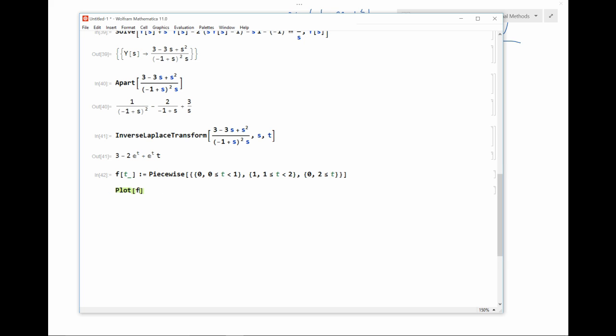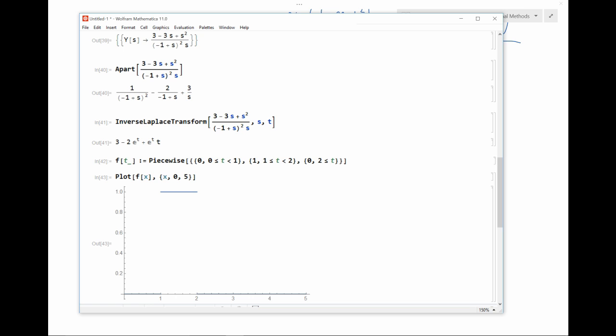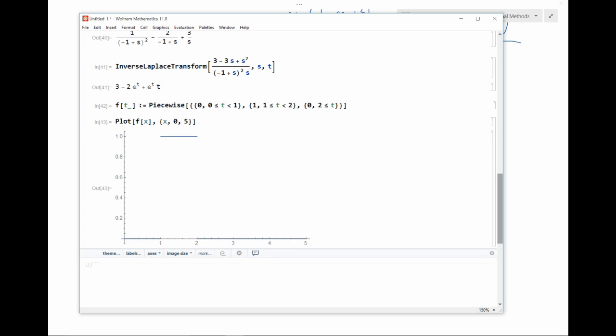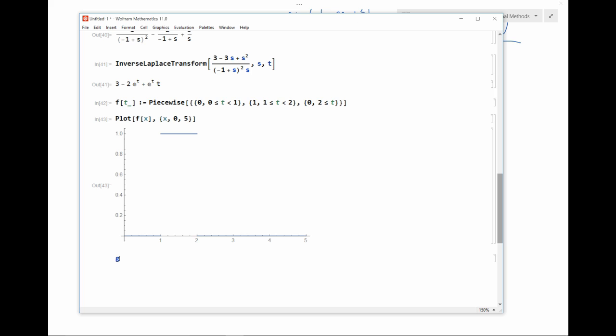Let's plot it just to make sure that the function does exactly what we want it to do. And you may be wondering, is there a difference between defining functions as piecewise functions or as a summation of Heaviside functions?